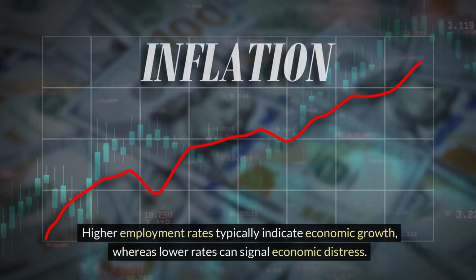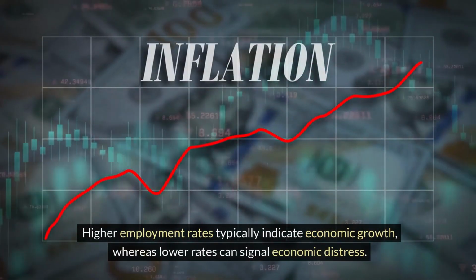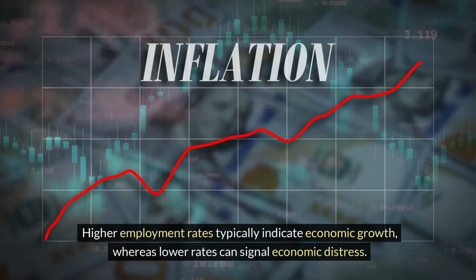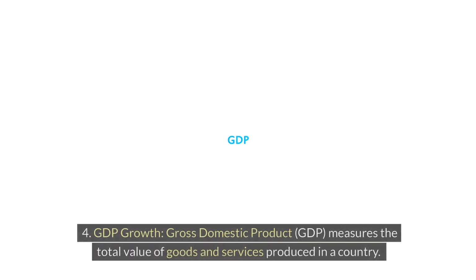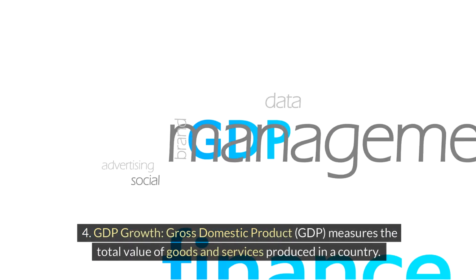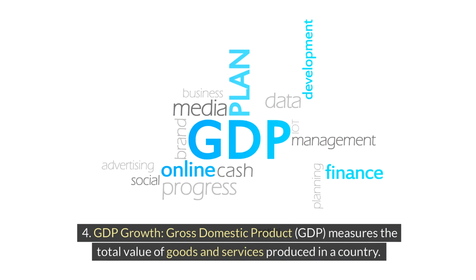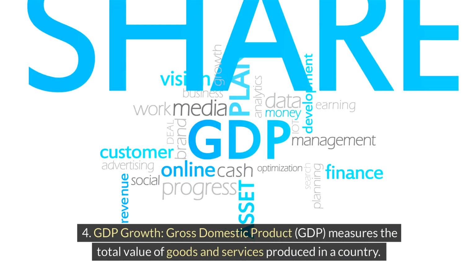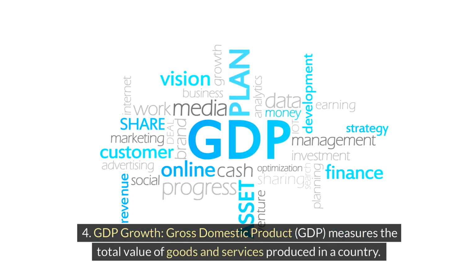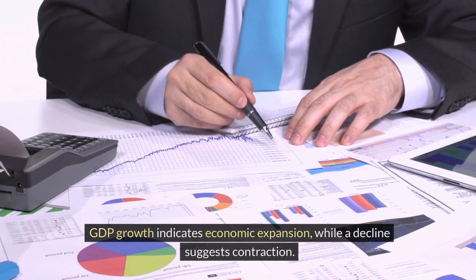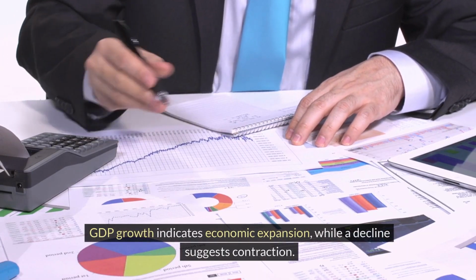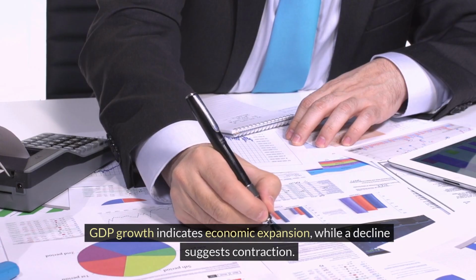Higher employment rates typically indicate economic growth, whereas lower rates can signal economic distress. 4. GDP growth. Gross domestic product, GDP, measures the total value of goods and services produced in a country. GDP growth indicates economic expansion, while a decline suggests contraction.